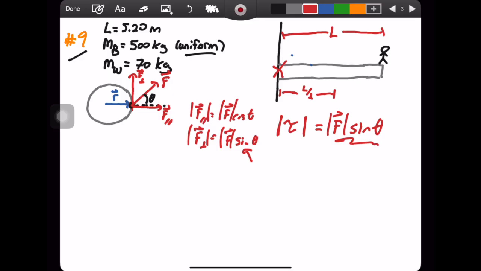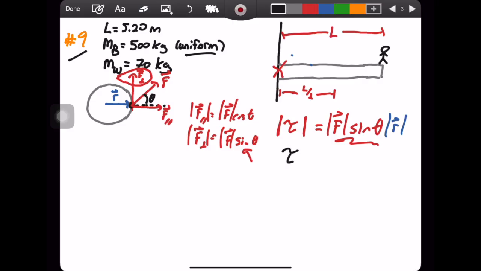This right here gives us this right here. And then, of course, we also need to take into account what the position vector is. So I'm going to also put the position vector's magnitude right there.